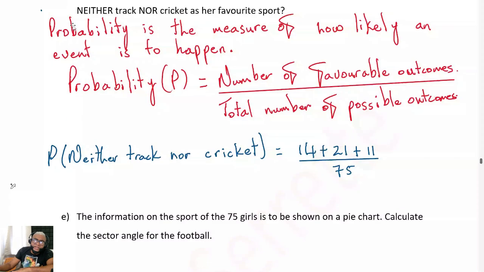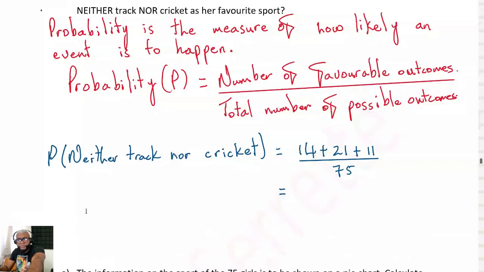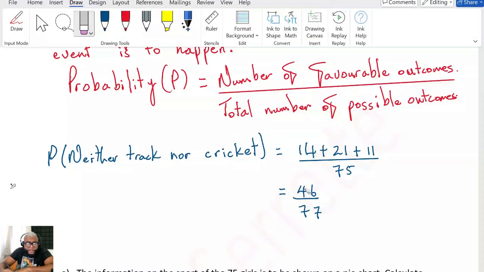So the probability that she chooses neither track nor cricket would be what? 14 plus 21 plus 11 is what? You can leave it as a fraction. For probability, I'd rather leave it as a fraction. 46 over 75.